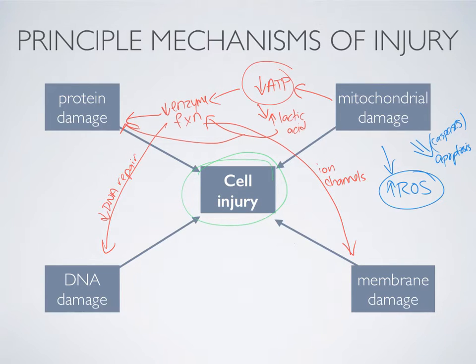These are things that have an extra electron, or they're missing an electron, and so they're really reactive with every other kind of molecule around because they need that electron. And so they can directly cause damage to the membrane. So they can knock electrons off from those phospholipids in the membrane. They can directly cause damage to DNA, and they can cause damage to proteins. So the reactive oxygen species are like little bombs inside the cell.